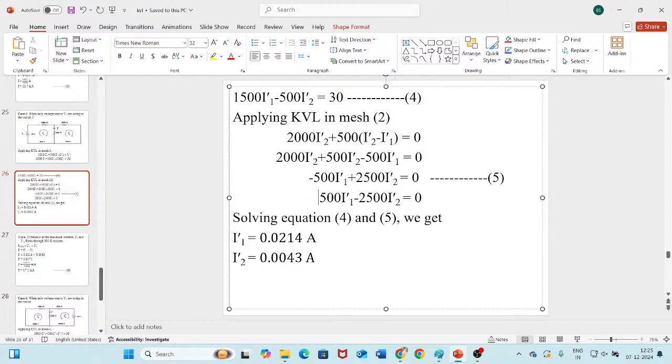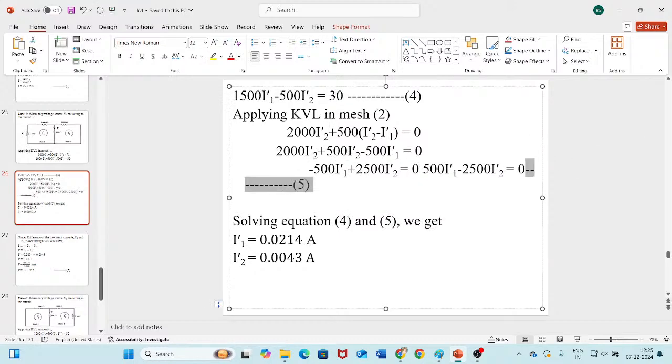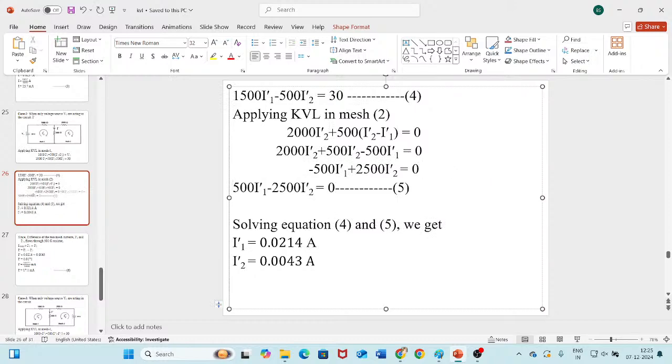I have sent minus to the right side. So this is my equation now, equation 5.